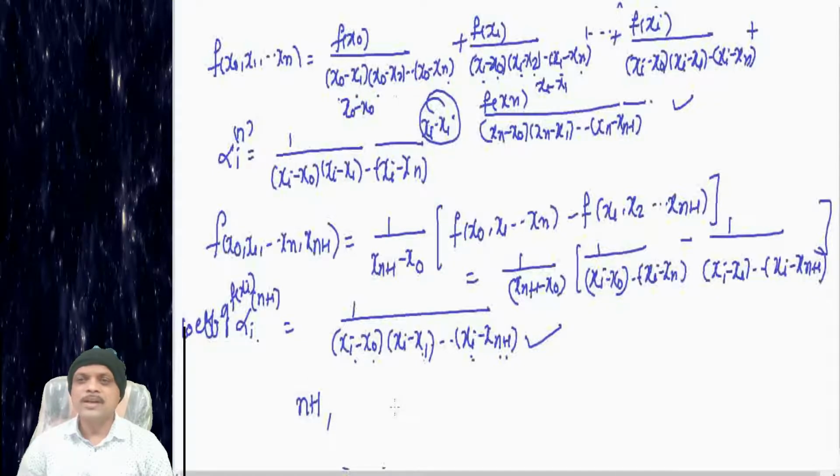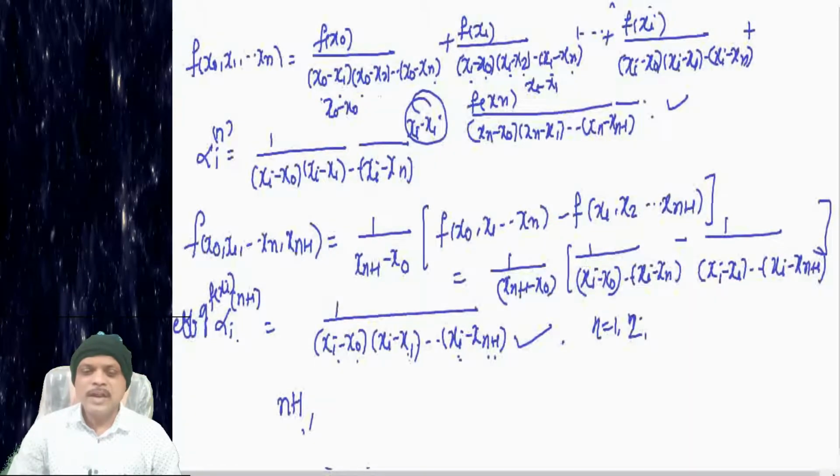Now we have proved that the value of the nth divided difference, or any divided difference, is the same irrespective of the order of the arguments.